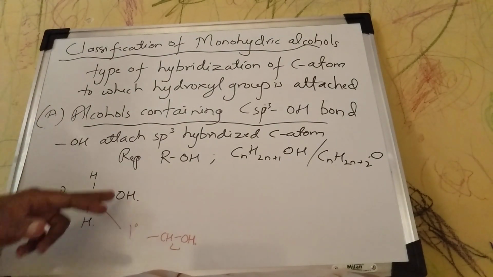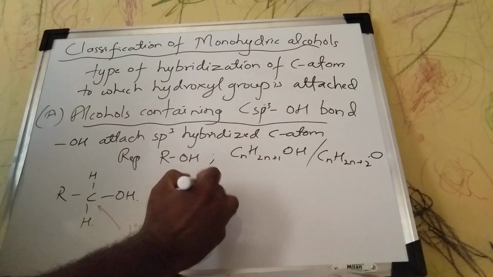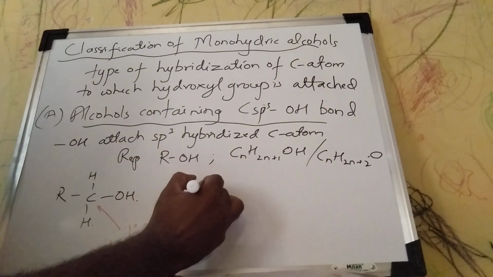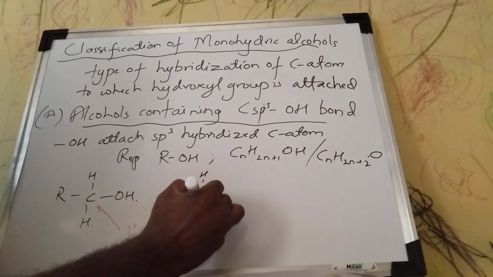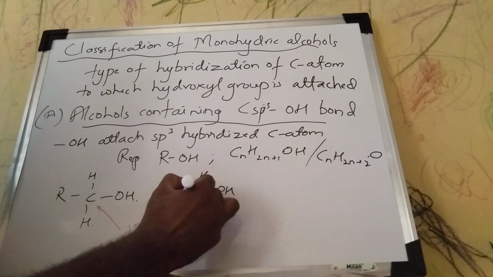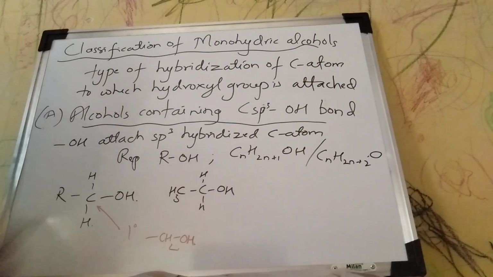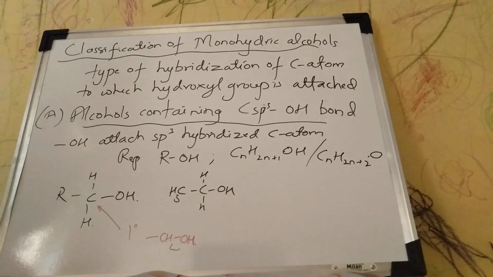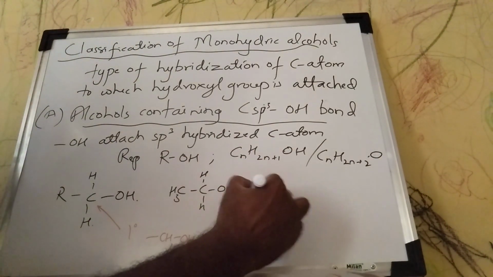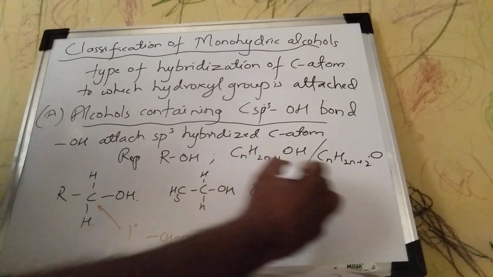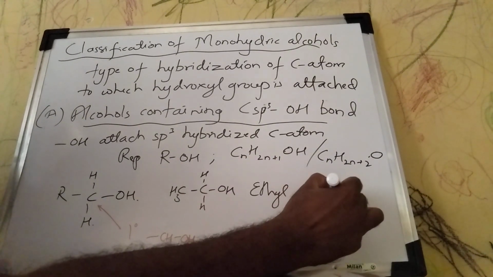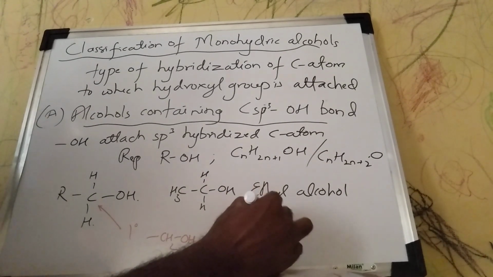Now, the examples for this, we'll replace the R with the alkyl groups. Ethyl alcohol or ethanol. Two carbon atoms, ethyl alcohol, or ethane.